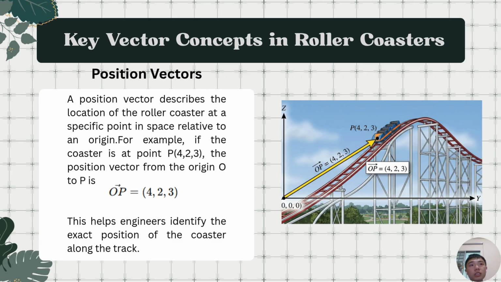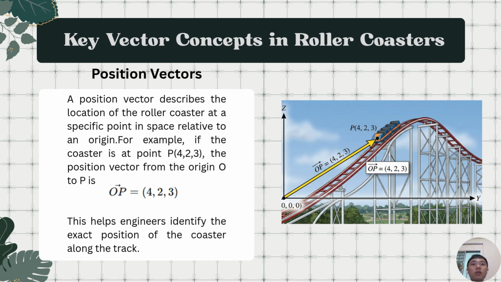The origin is often written as O (0, 0) in two-dimensional space or O (0, 0, 0) in three-dimensional space. If an object is located at a certain point, we can describe its position by drawing a vector from the origin to that point. This vector is called a position vector.